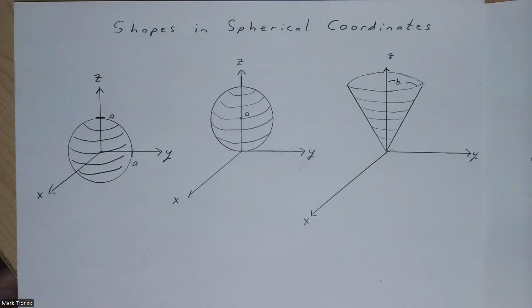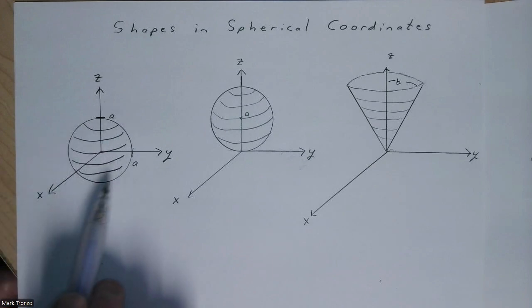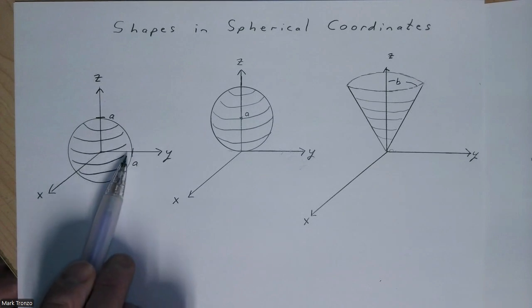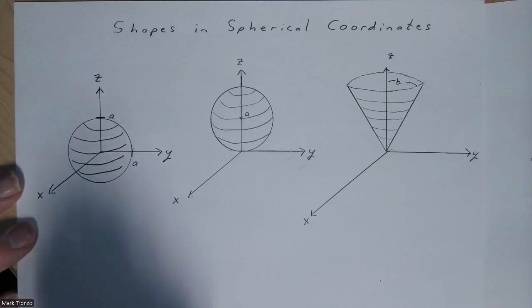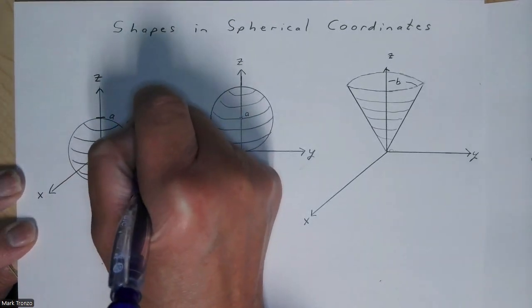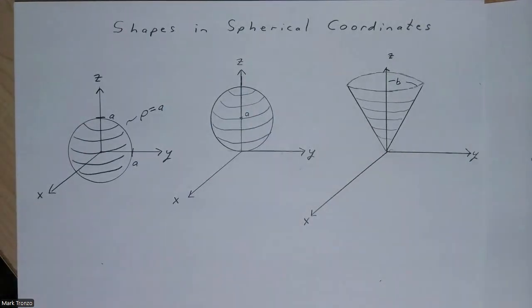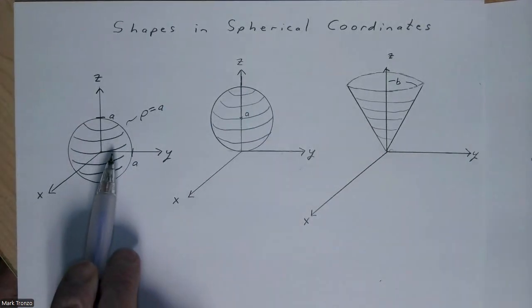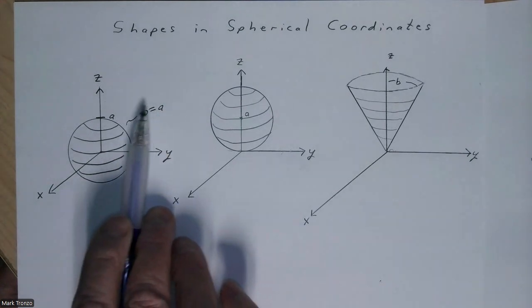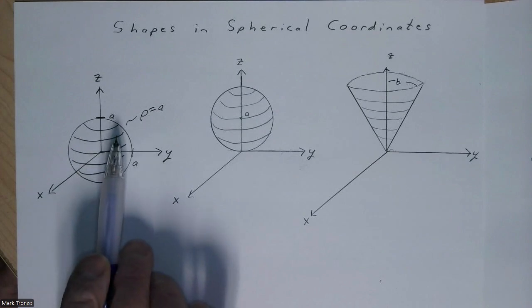I'm going to introduce some shapes in spherical coordinates. You've probably already seen these, so I'm not going to spend a lot of time on this. If you have a sphere of radius A centered at the origin, the equation in spherical coordinates will simply be rho equals A. In other words, if you have a sphere of radius 7 centered at the origin, rho equals A will be the equation that generates this sphere.